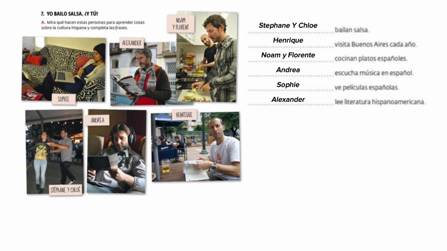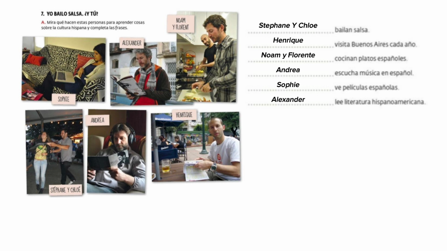Noam y Florante cook Spanish dishes. Andrea escucha música en español. Andrea listens to Spanish music. Sophie ve películas españolas. Sophie watches Spanish movies. Alexander lee literatura hispanoamericana. Alexander reads Hispano-American literature.